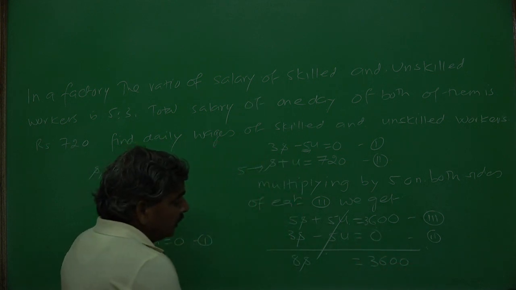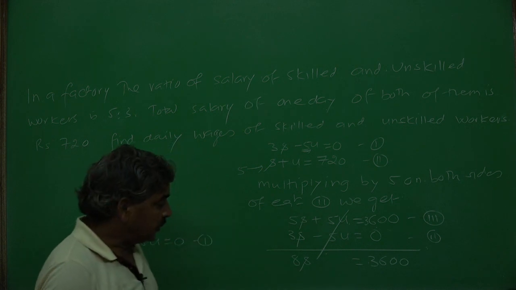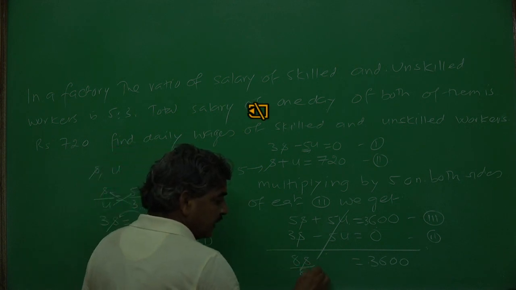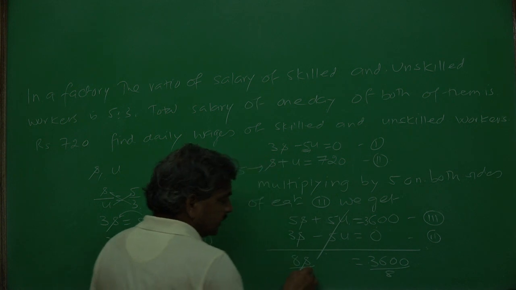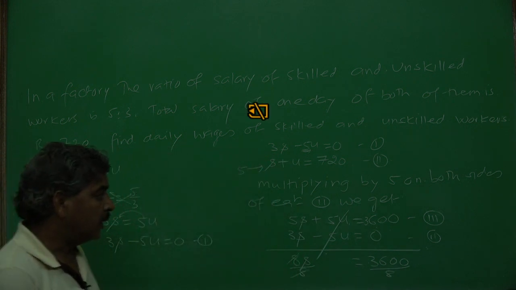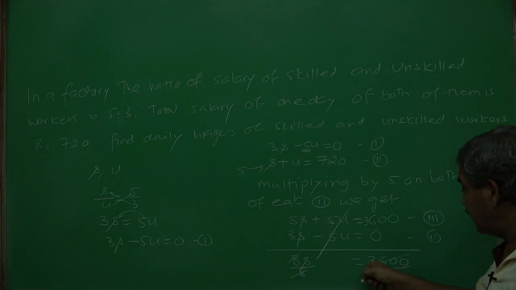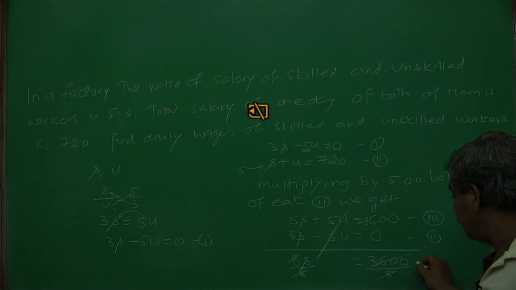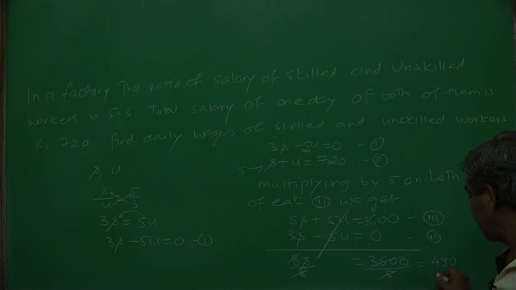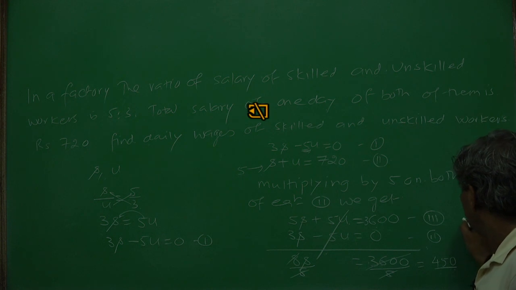Now I am interested in s, so divide both sides by 8. 8 fours are 32, left is 40, 5 eights are 40, so 450. Therefore s is equal to 450.